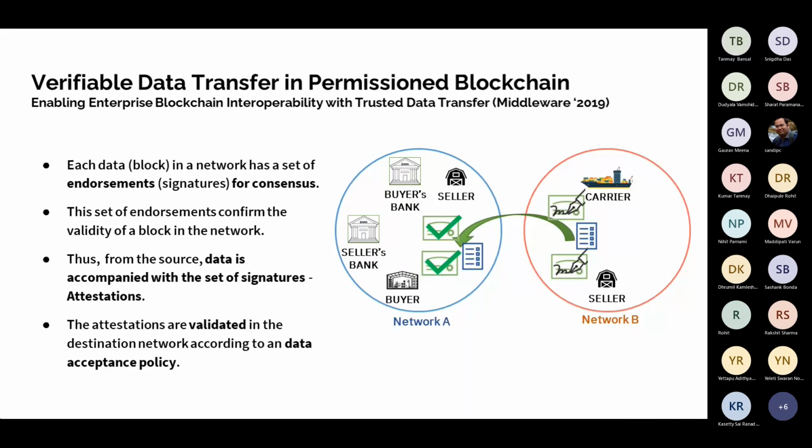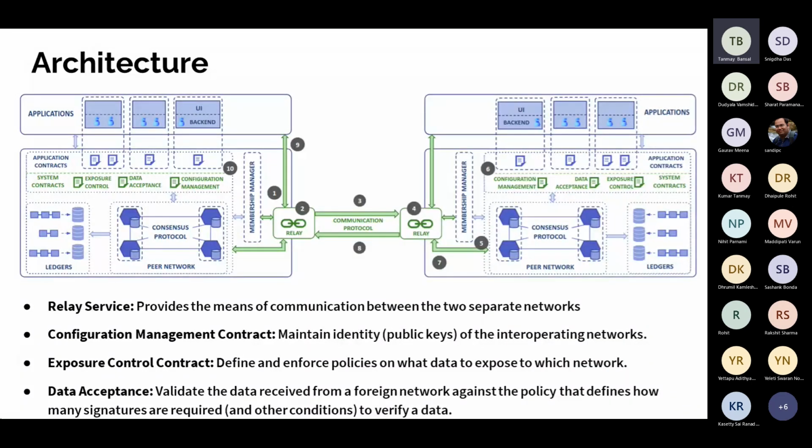This data acceptance policy would be specific to network A. Network A is the destination network, and network B is the source network. So this is the overall architecture: on the right-hand side we have the source network, and on the left-hand side we have the destination network. In this particular work, each of these refers to a Hyperledger Fabric network.